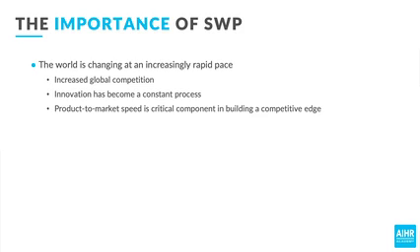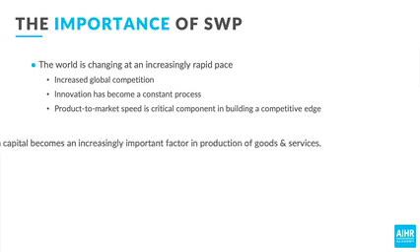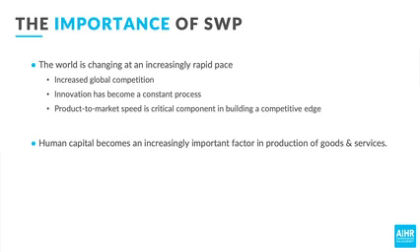These reasons taken together mean that human capital has become a really important factor in the production of goods and services. Additionally, because a lot of the less critical human capital elements, working at a production line for example, have become automated, the human capital that remains is more and more critical compared to the average human capital that an organization had 20 or 30 years ago.